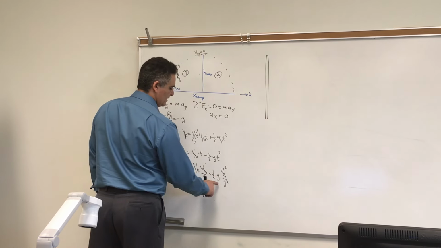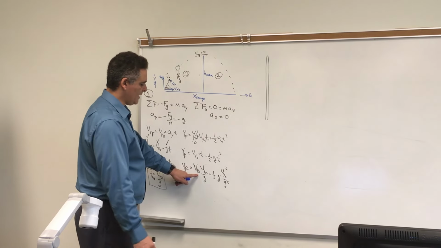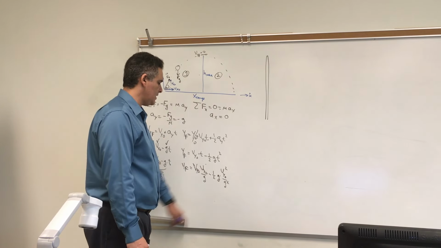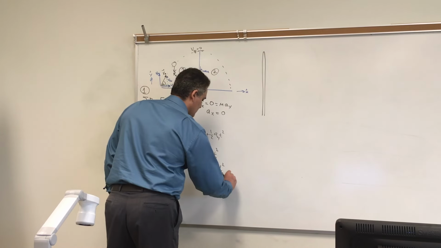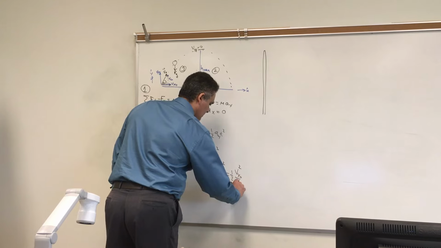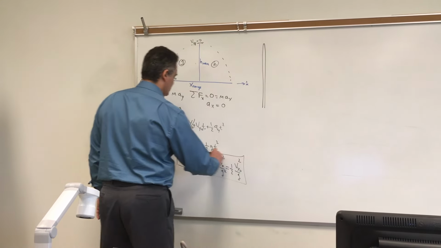Now the g's cancel. So this is Vy 0 squared over g minus 1/2 Vy 0 squared over g. It's an apple minus half an apple, which leaves me half an apple. This is always the case, and this is, again, a general answer.